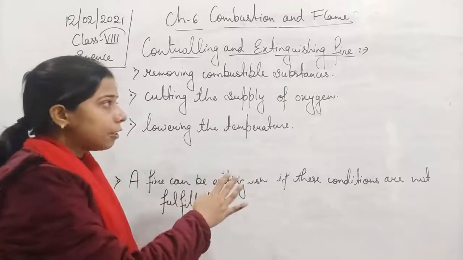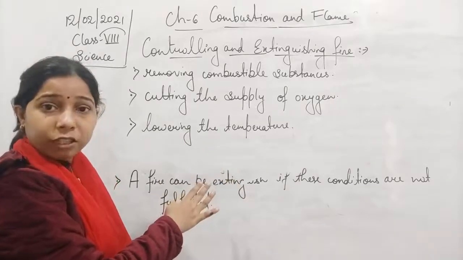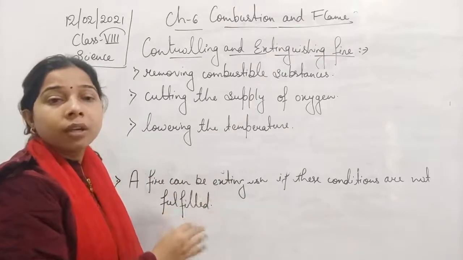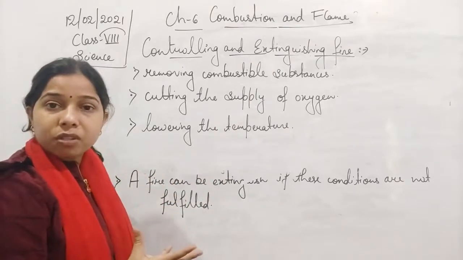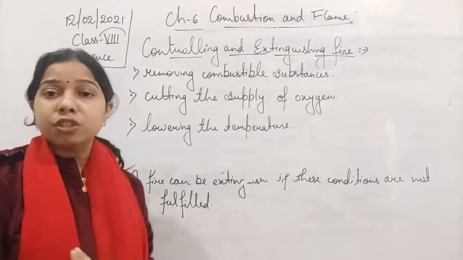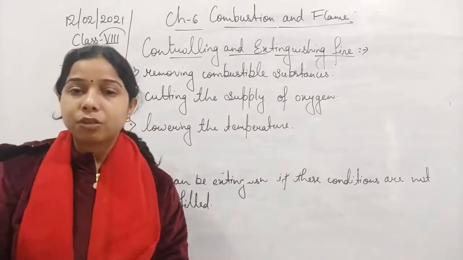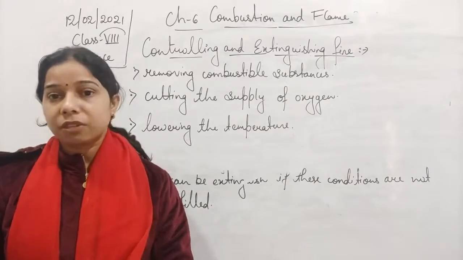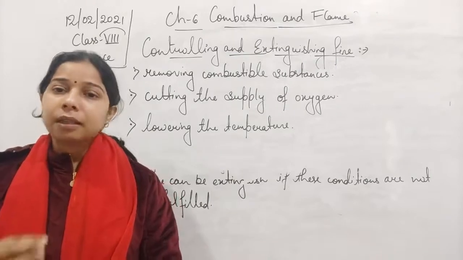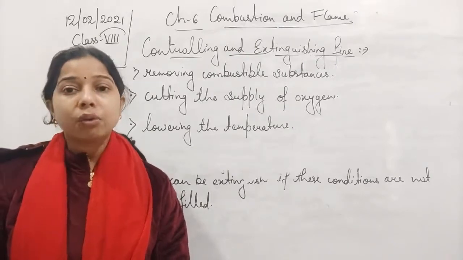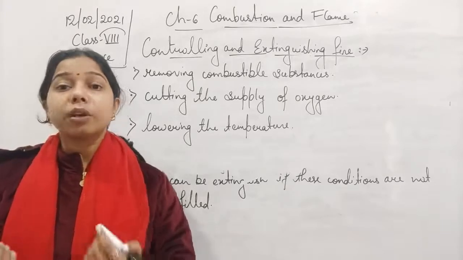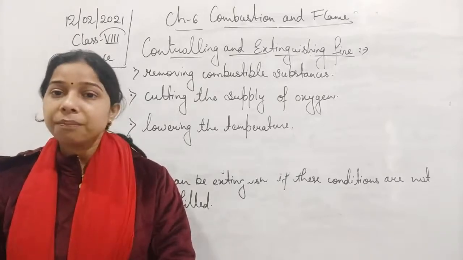If we supply such a condition, it means we will remove the combustible substances, or we will cut the supply of oxygen, or we will lower the temperature so that it will not reach its ignition temperature. Now let us see what are the different methods that we can apply so that no fire occurs, or if a fire occurs, we are able to control or extinguish it.